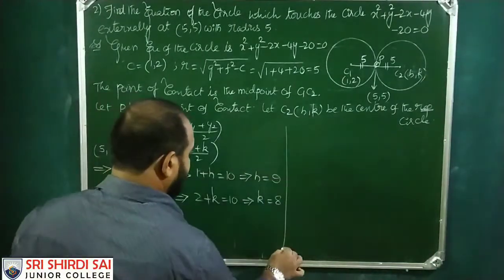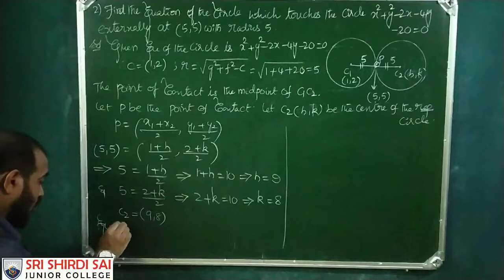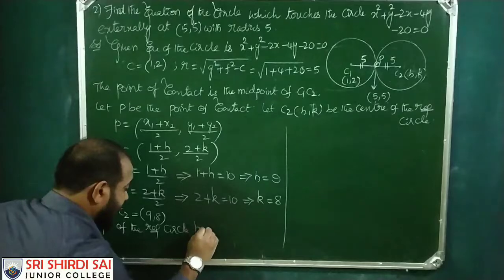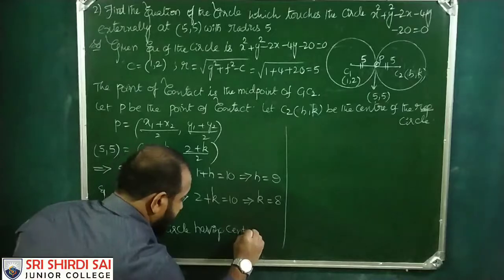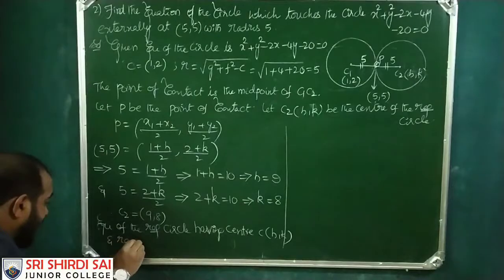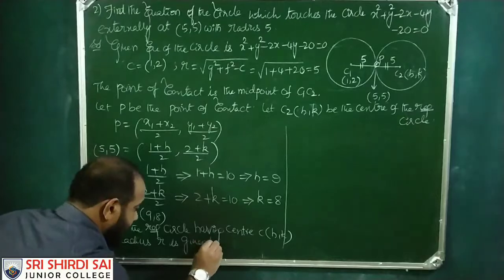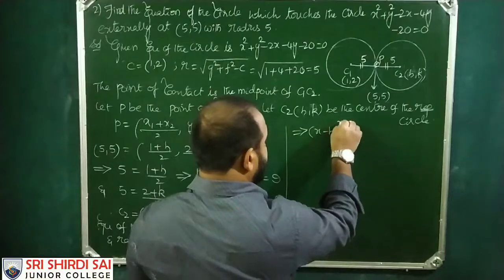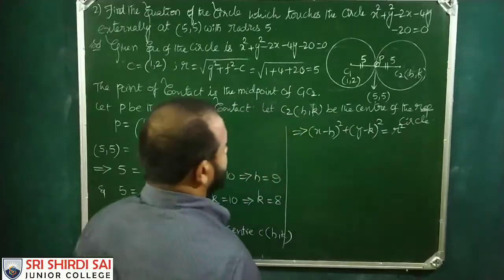Therefore, the equation of the required circle having center (h, k) and radius r is (x minus h) whole square plus (y minus k) whole square equals r square.